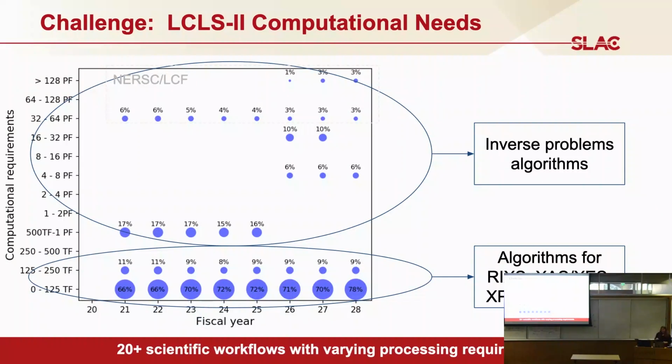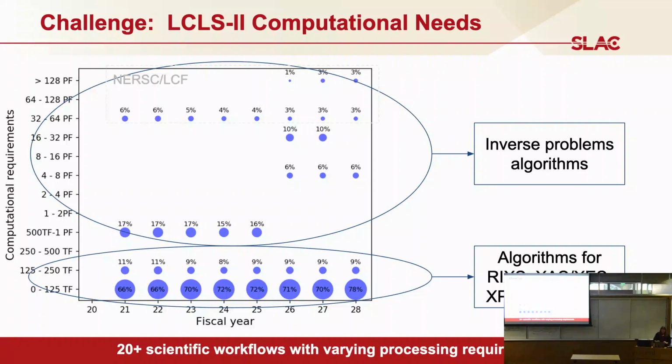This one is the other plot produced by this exercise, which is how much computing do we need? So this plot shows computational requirements on what is not a linear scale. It's not even log. It's binned on the vertical axis against time along the bottom axis. And the size of the bubble represents the percent of experiments that fall into that particular spot.